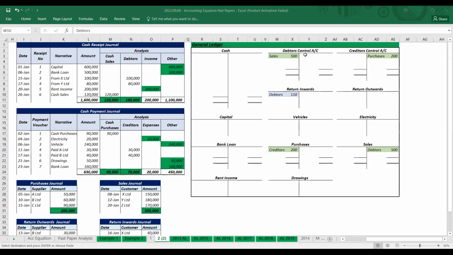So return inwards account debit, debtors account credit. What is the sales double entry? Sales double entry is debtors account debit, sales account credit. These two, sales.